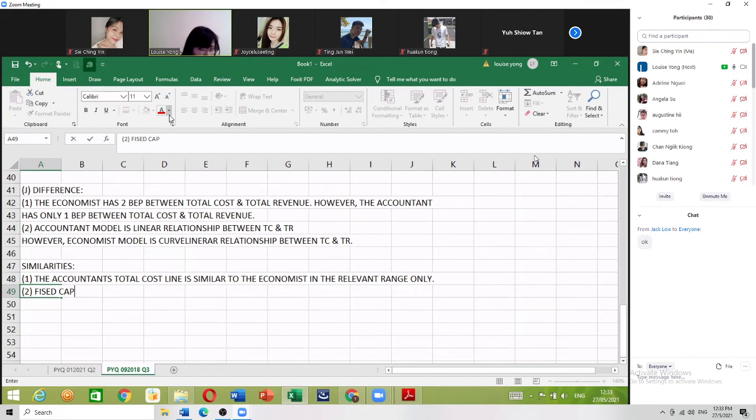your fixed capacity. Means that your company capacity is not very easy to change in the short run, but in the long run, yes.